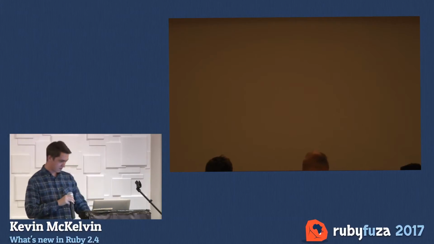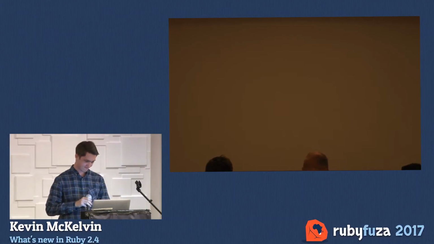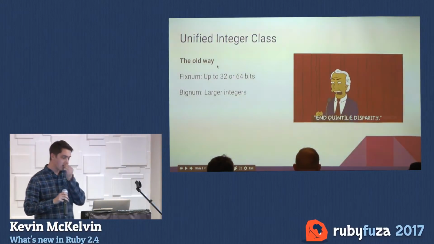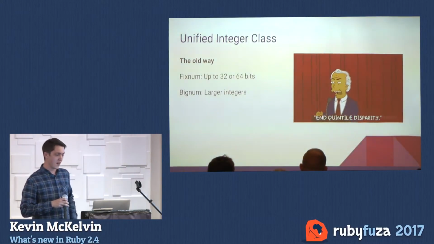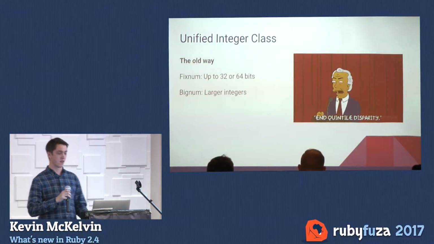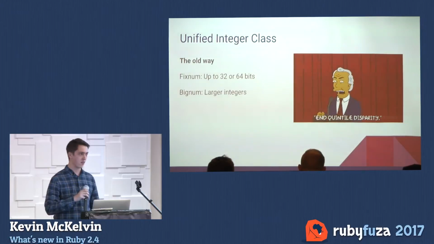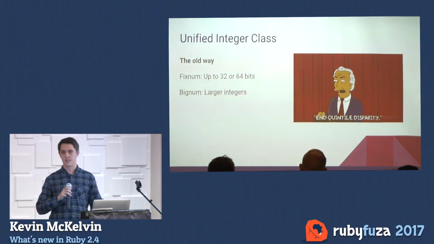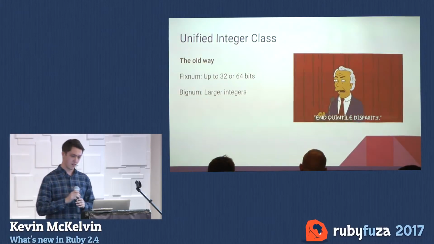Two classes for storing integers. You have a Fixnum, which stores as a long on most systems, depending on whether you're on a 32 or 64-bit operating system. And you've got Bignum for anything that doesn't fit inside a Fixnum, really.